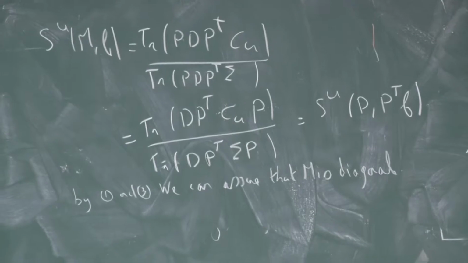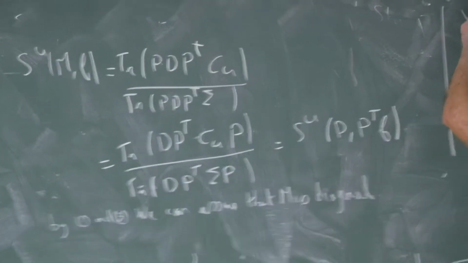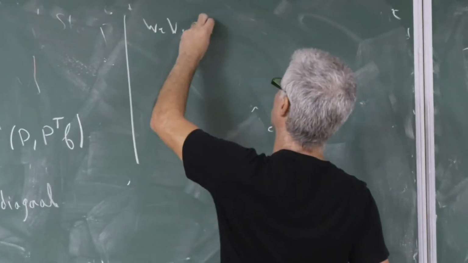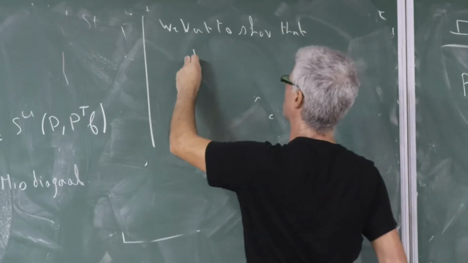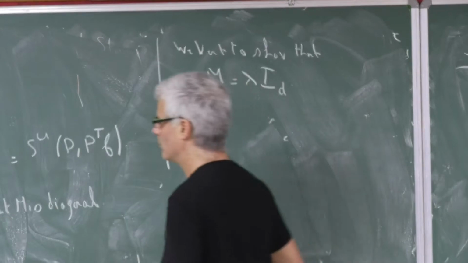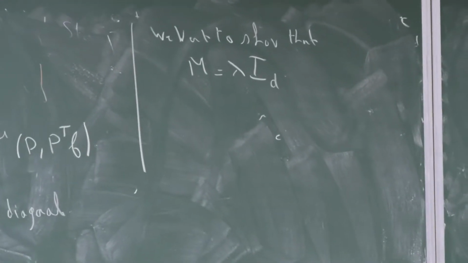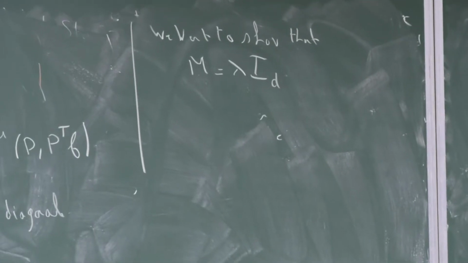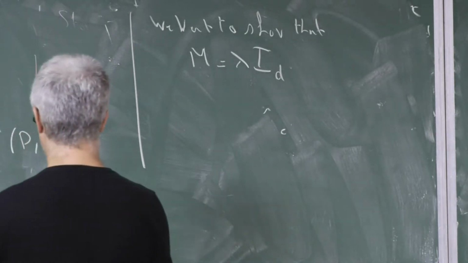Okay, so now what we want to show is that for M diagonal, all the singular values are equal.